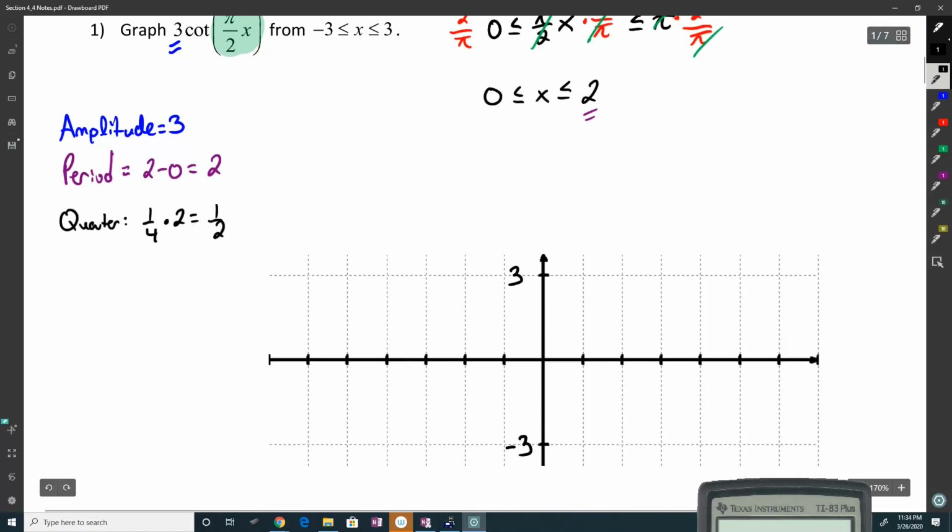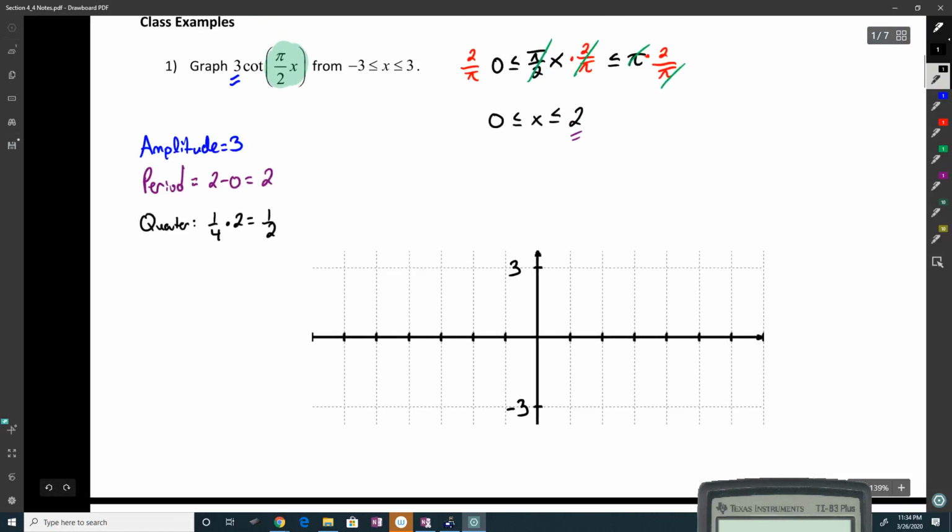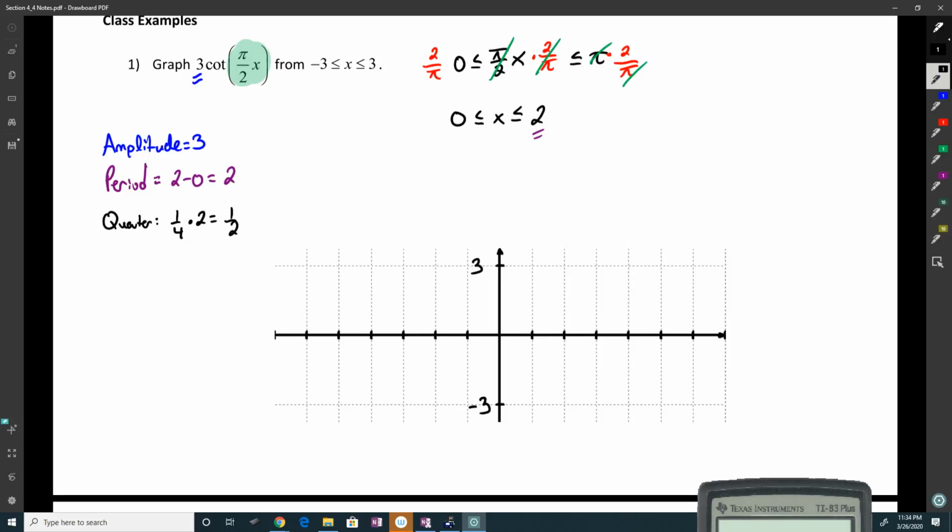That means in this graph it'll be easiest if we make each tick mark the quarter, or in this case, 1/2. So I have 0.5, 1, 1.5, 2, 2.5, 3, 3.5, negative 0.5, negative 1, negative 1.5, negative 2, negative 2.5, negative 3.